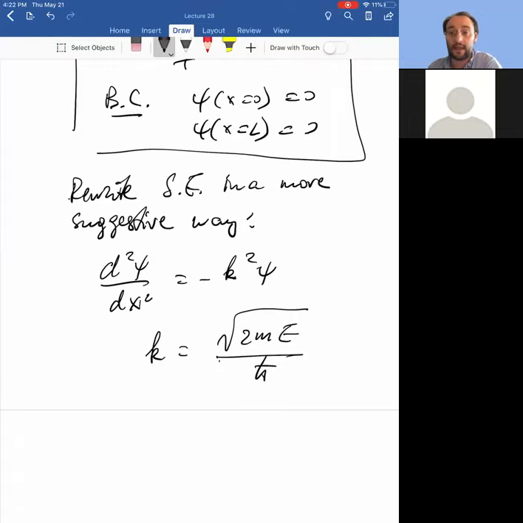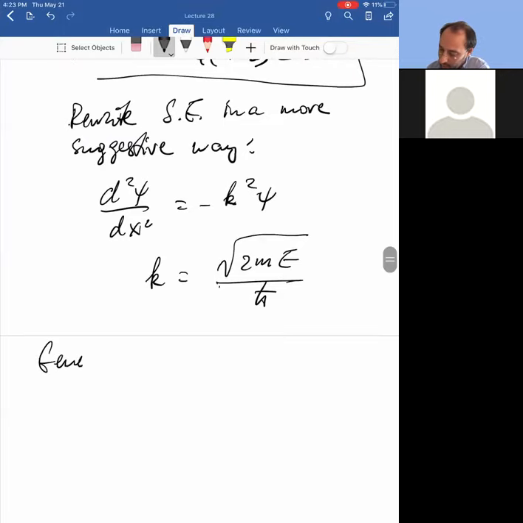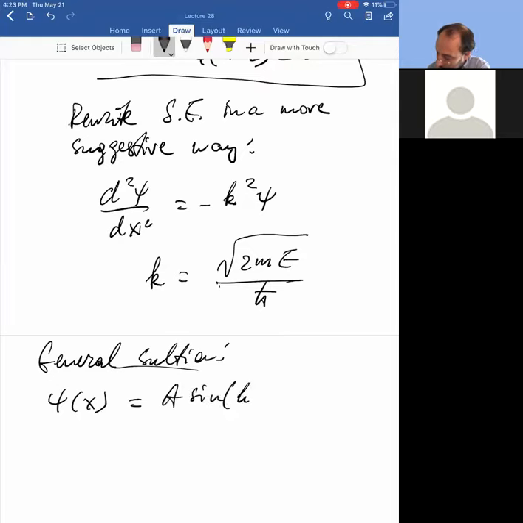What's the next thing that we do? We write down the general solution, right? And so the general solution is psi of x equals a sine of kx plus b cosine of kx. Check it for yourself.